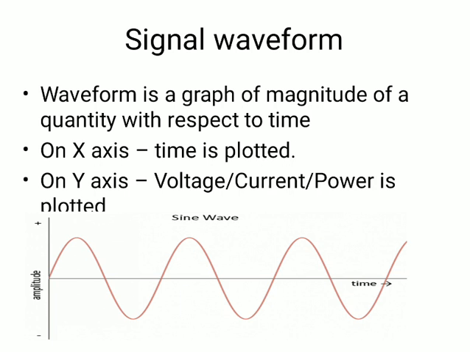So on the x-axis time is plotted, and on the y-axis the signal, which may represent voltage, current or power, since we are talking about electrical or electronic quantities.